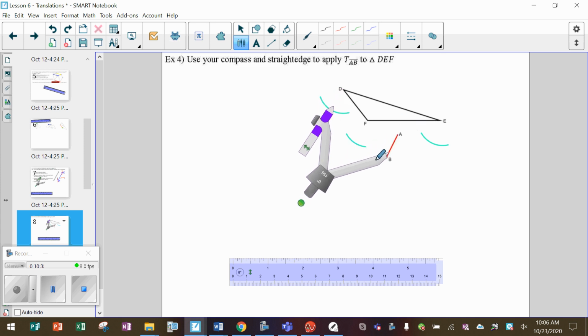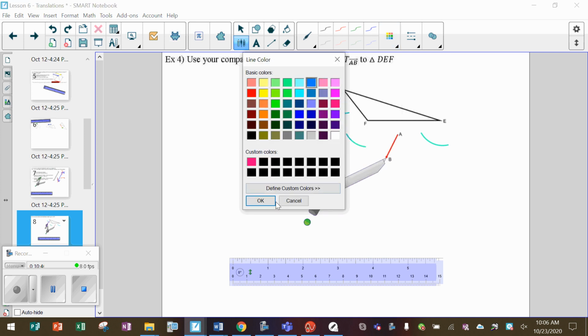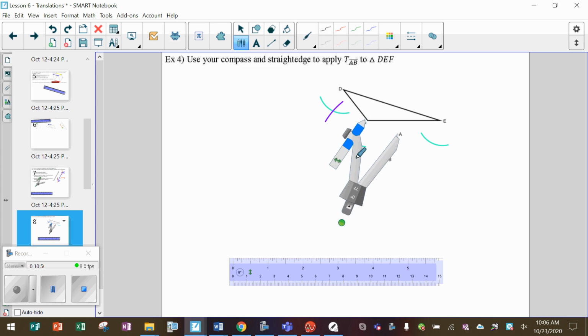Slide the needle down to the other end of your vector, and then mark your arc. So you get a nice, neat X. And X marks the spot where your translated point now ends up. Needle goes back to point A, the start of the arrow, and then we measure to the next point. Next vertex I'll do is F. So I measure A to F, slide my needle down to the other end of the vector.